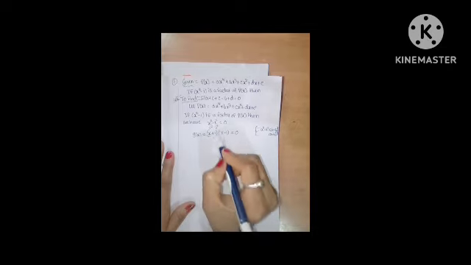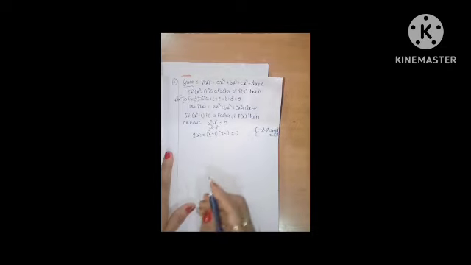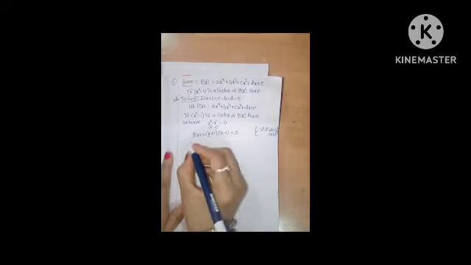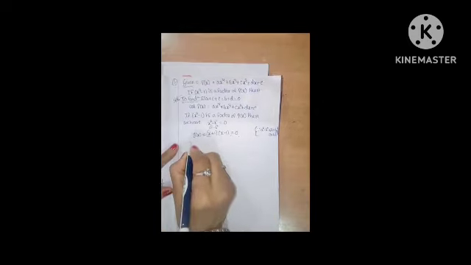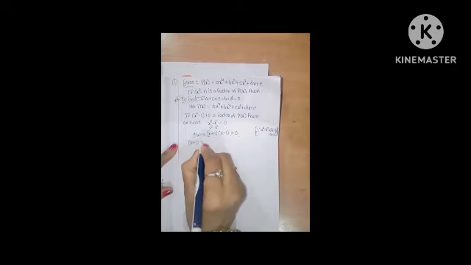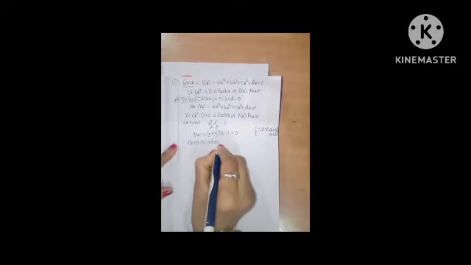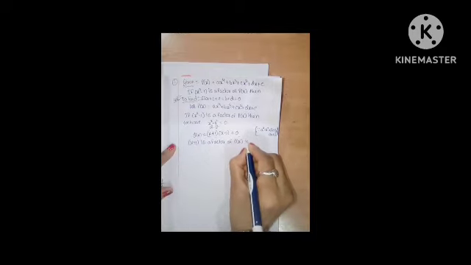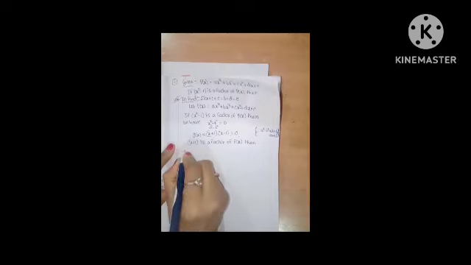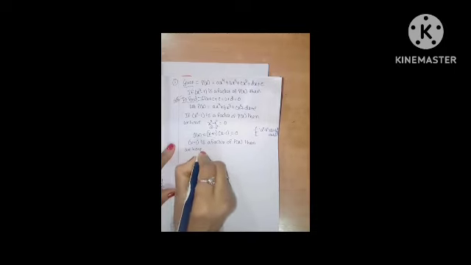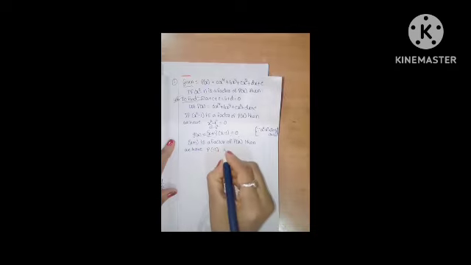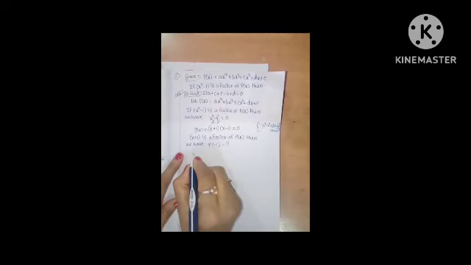Then we have to calculate one by one. Is x plus 1 a factor of p of x or not? If x plus 1 is a factor of p of x, then we have p of minus 1. Okay, what's the value? You get it.